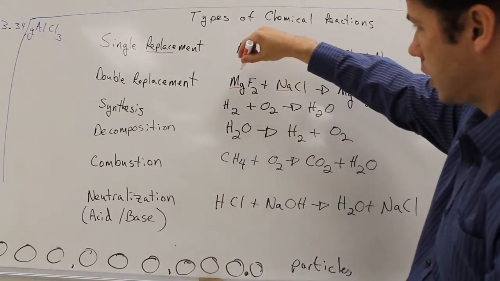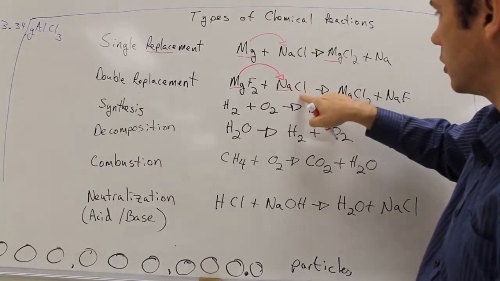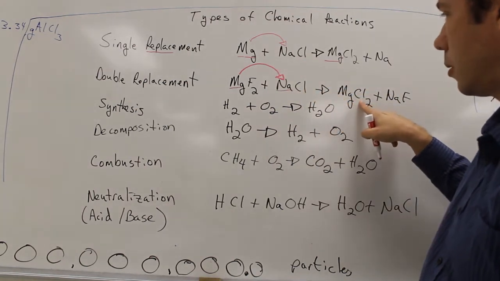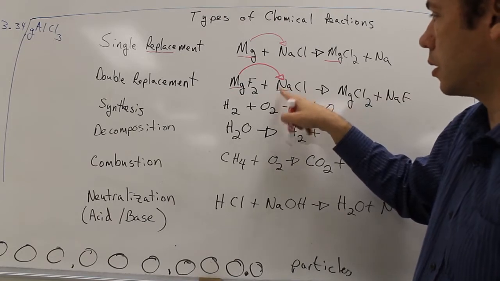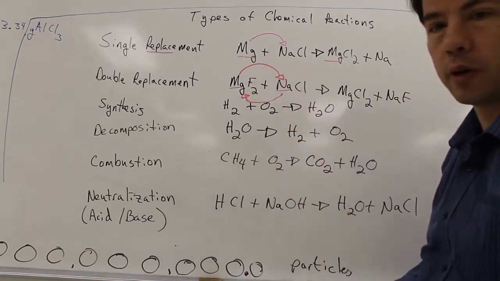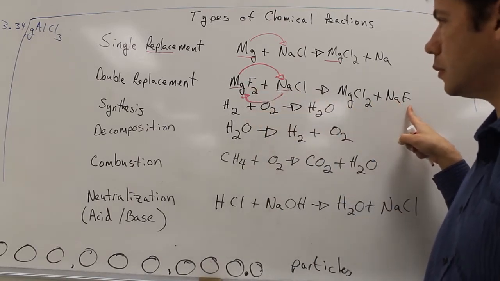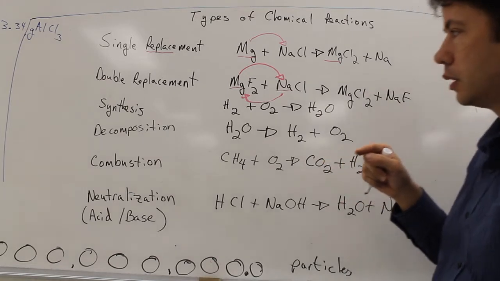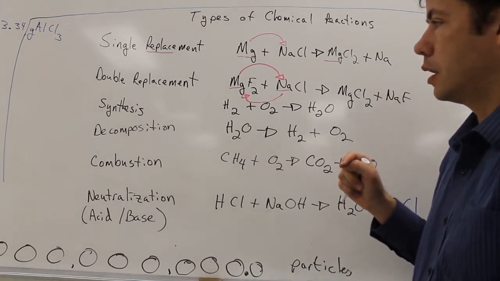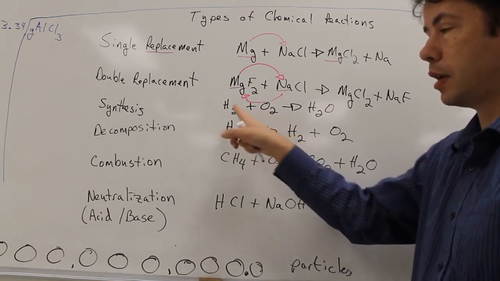Magnesium switches with sodium and is bonded to chlorine, so we get magnesium chloride, and the sodium switches and is bonded to fluorine, so we have sodium fluoride. That's double replacement.